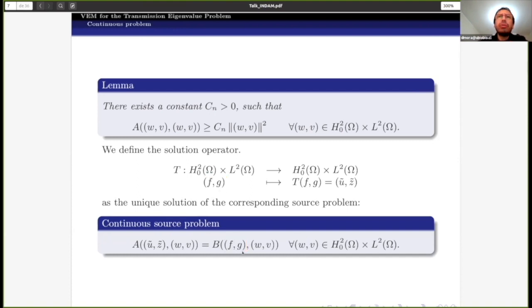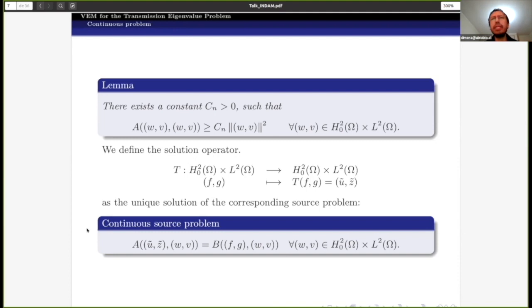Okay, so we can see that the eigenpairs of this solution operator are related to the solution of the transmission eigenvalue problem.